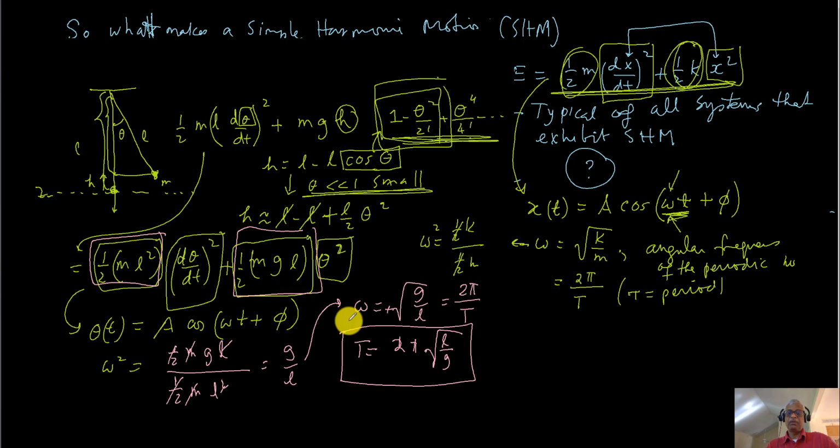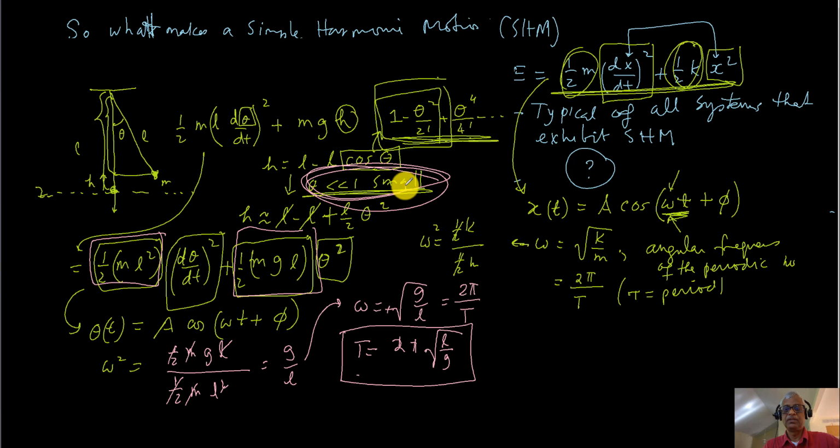You probably know this formula, and you can see that this is only true for small angle oscillation of a pendulum. Many systems are like that, and what we have done is what is called simple harmonic motion without damping.